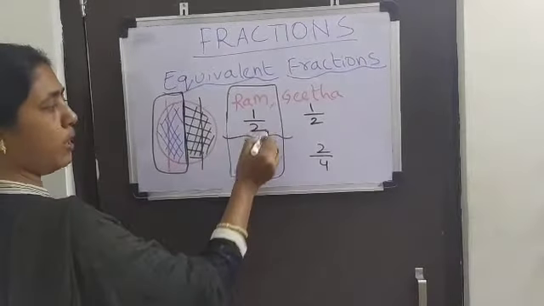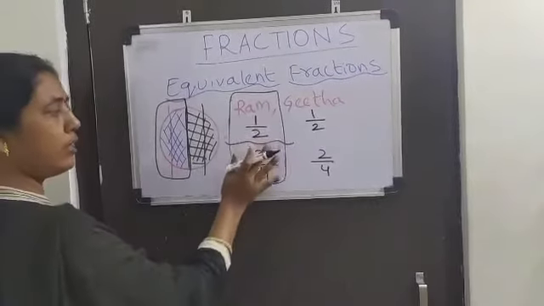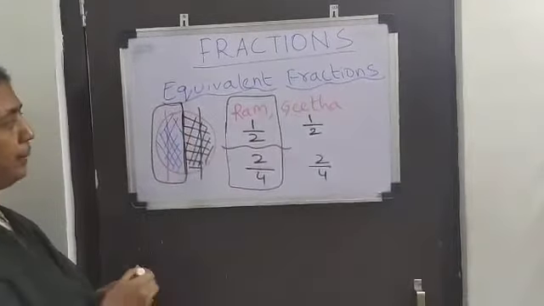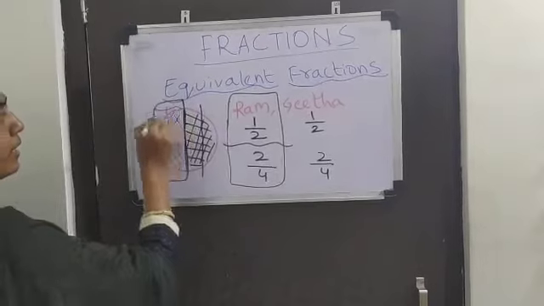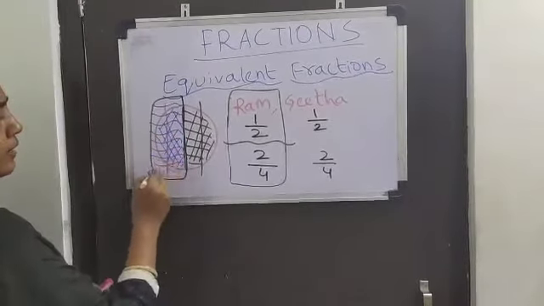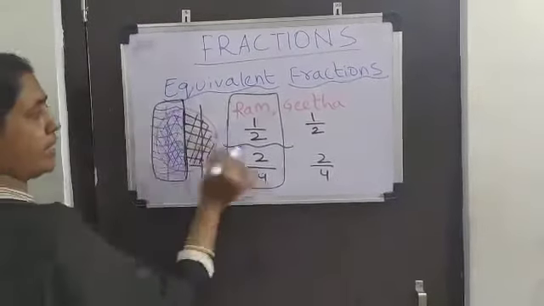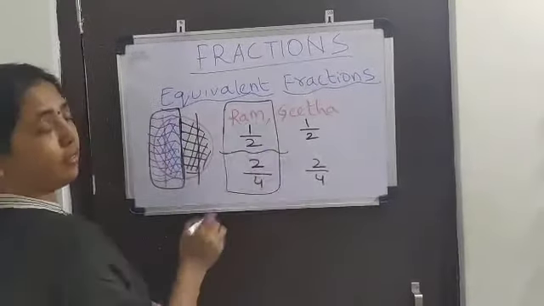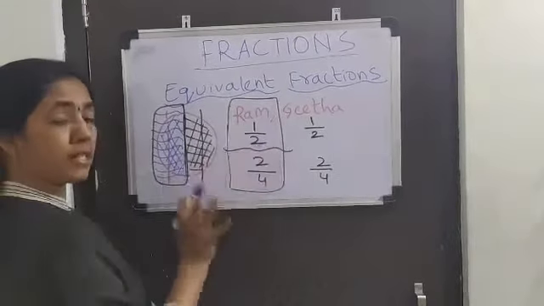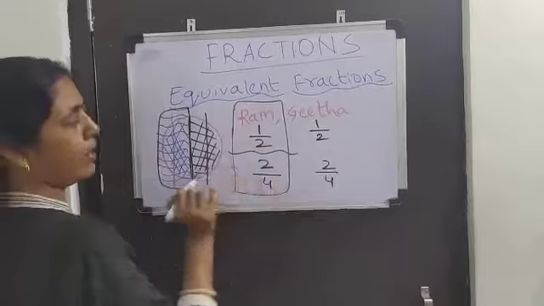So these two are equivalent fractions, though they look different, they represent the same part of the apple. So he has eaten 1 out of 2 parts or 2 out of 4 parts. Both mean the same. So these two are equivalent fractions. So we have seen what are equivalent fractions.